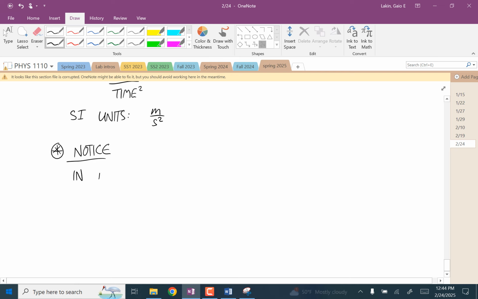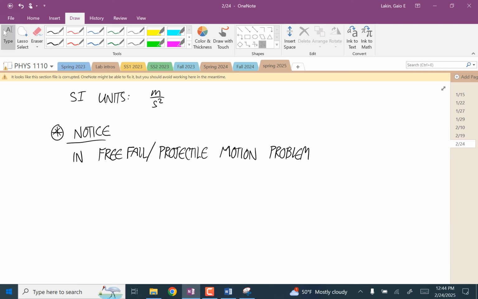When you're doing problems in free fall or projectile motion, the acceleration is always 9.81 meters per second squared directed down.